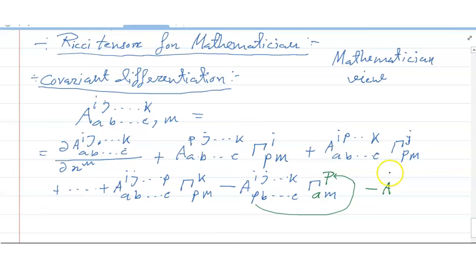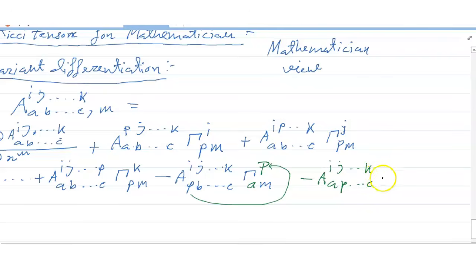Minus A i j k A p c to gamma p b m, minus and so on, minus A i j k A b up to p, retaining gamma p c m.